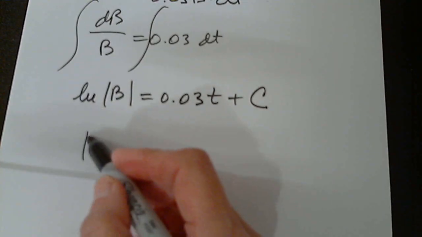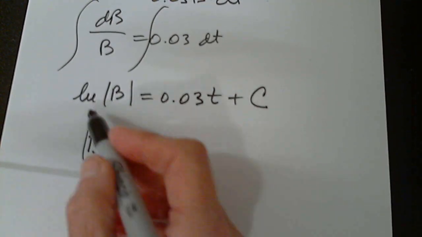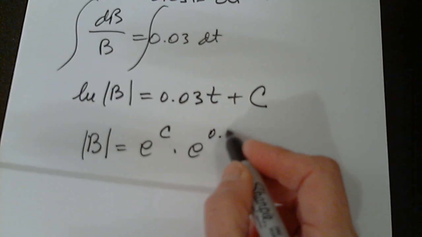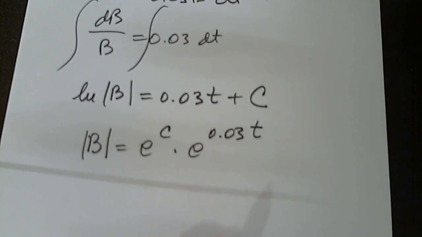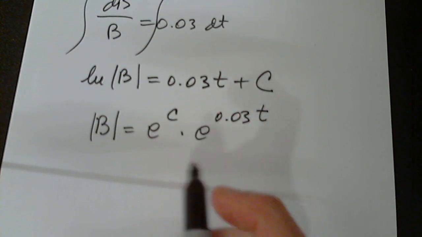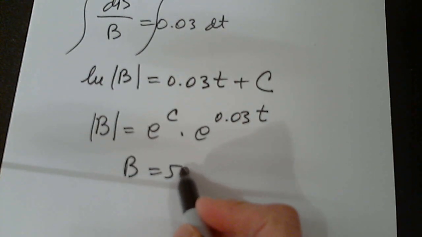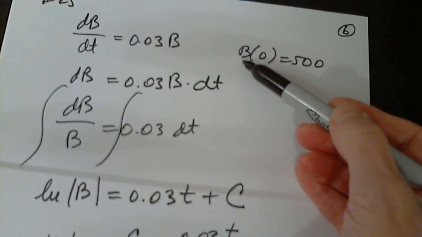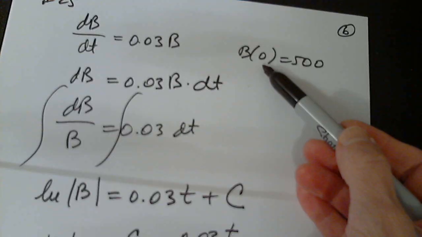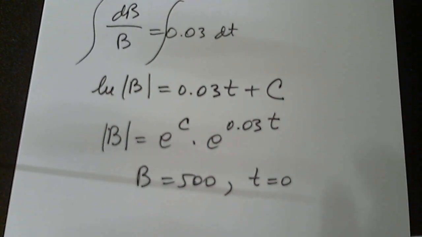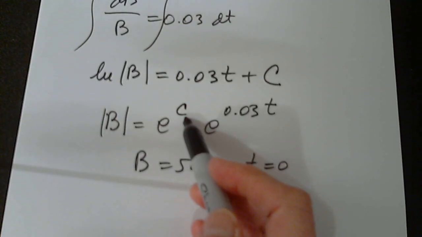So I have the absolute value of b equals e to c times e to 0.03 t. Now I'm told that b is 500 when t is 0. Okay, perfect. So now I will find the constant.